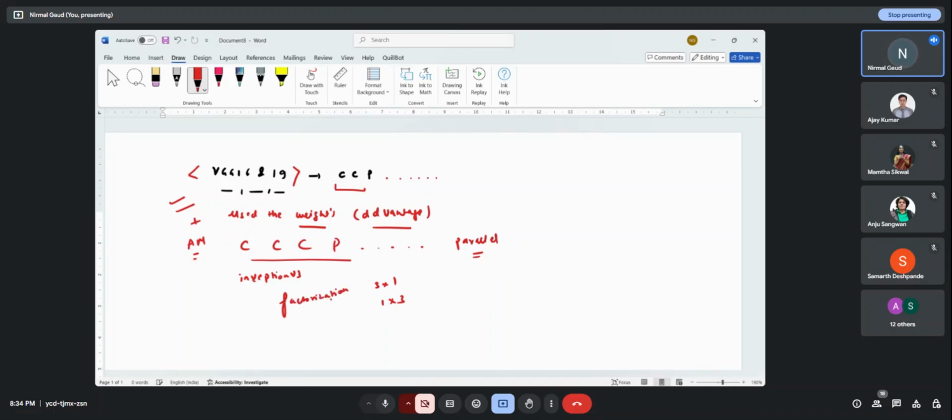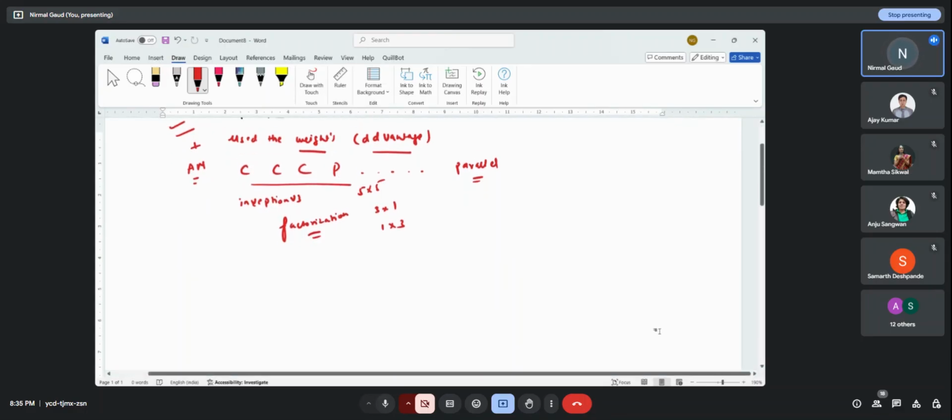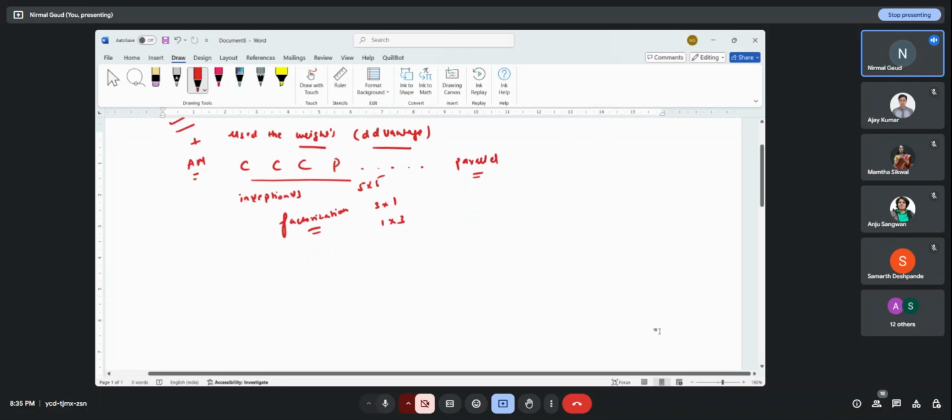In factorization, you simplified 5 cross 5 to 3 cross 3, and then further 3 cross 3 to 1 cross 3 and 3 cross 1. So now you have this knowledge, and something you can make from your side. But the point is, they already exist: VGG 16 and 19 exist in a sequential way, and Inception exists in a parallel way.